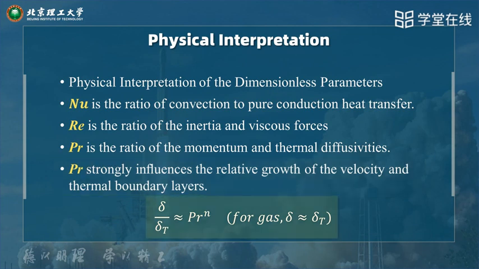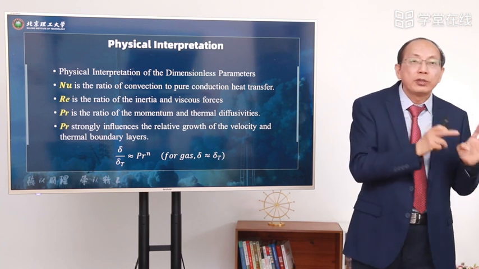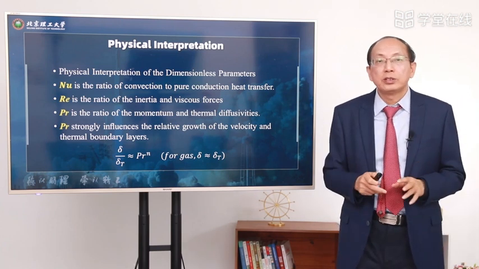Similarly, delta over delta T is proportional to Prandtl number to the power n. For gas, maybe delta is similar to delta T, but for liquid, it's different.